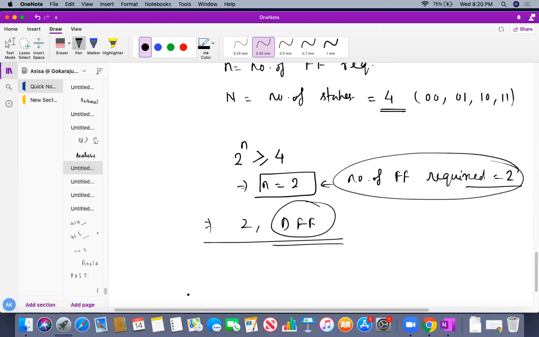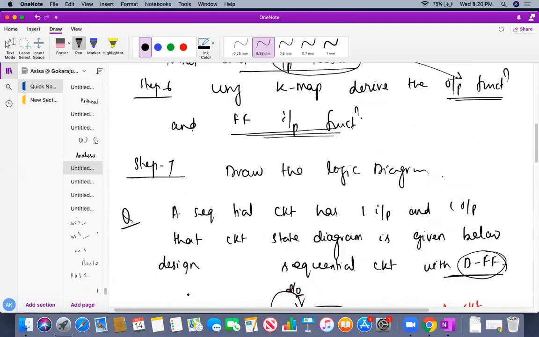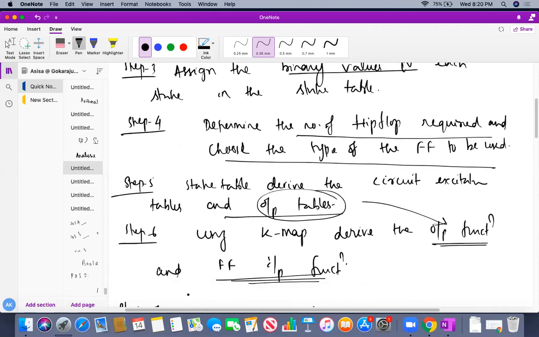Okay. Now what is step 5? In step 5, I need to find the excitation table and output table from the state table. You can see here, step 5 is: from the state table, derive the circuit excitation table and output table.